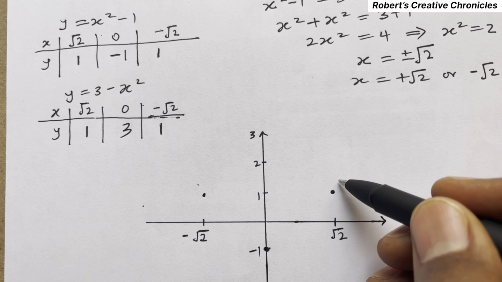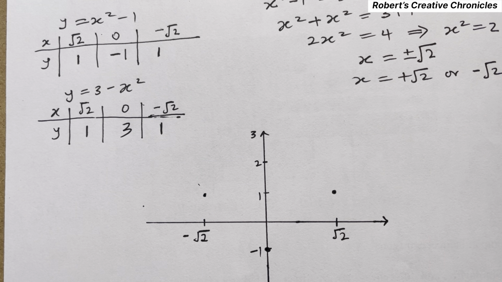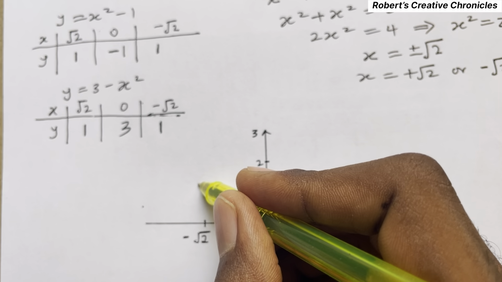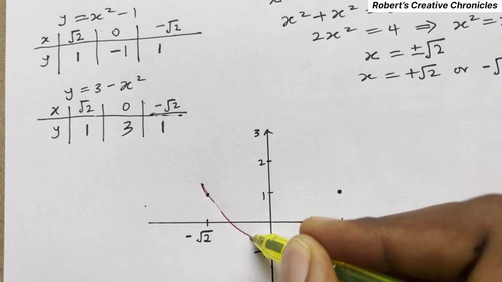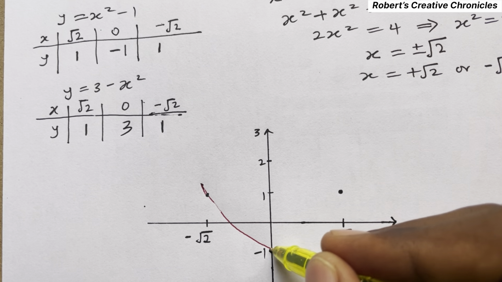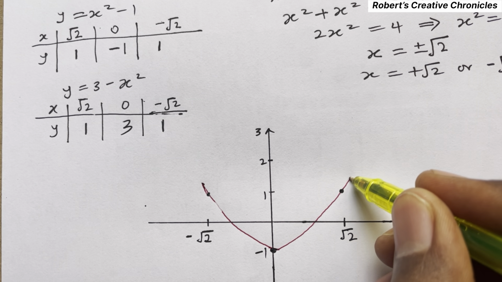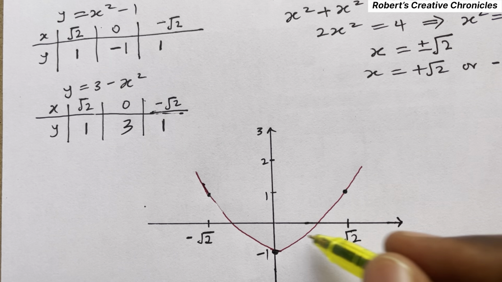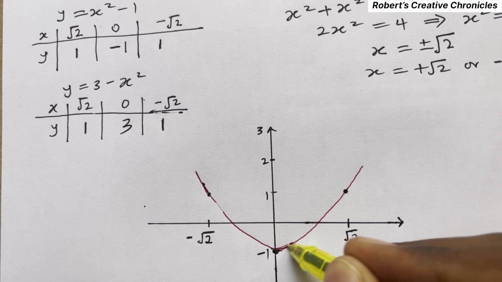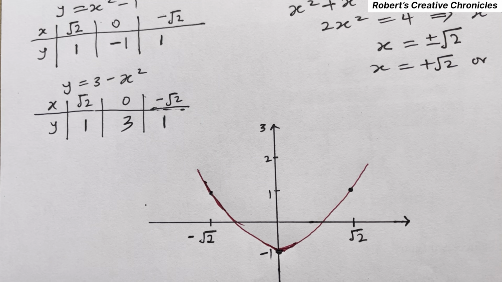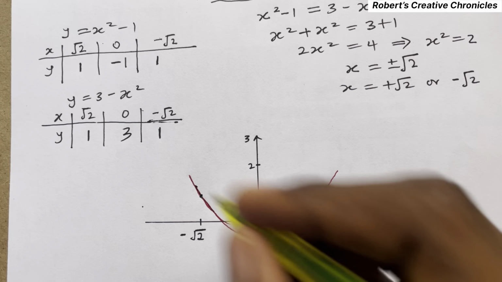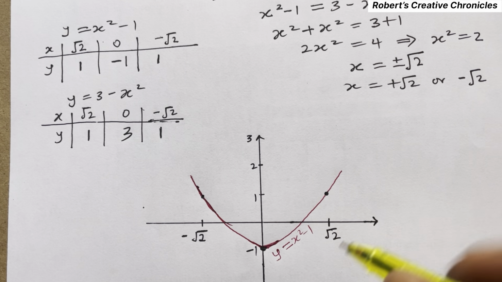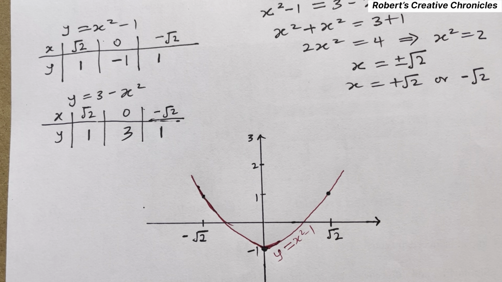So we can trace it out. So this is the curve, and this is what? y is equal to x squared minus 1. So this is the downward curve.